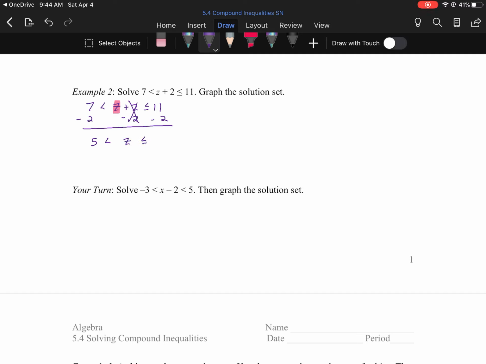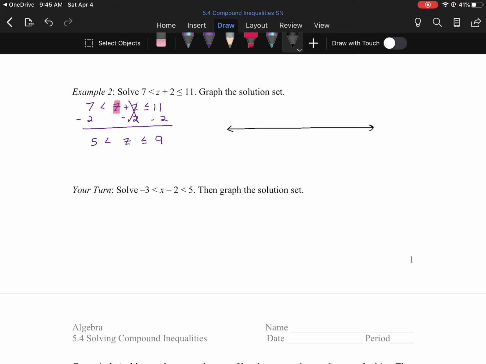So 7 minus 2 is 5, which is less than z, which is less than or equal to 11. So if we just look at that, we're good to go. This is actually, I'm sorry, I wrote 11, and 11 minus 2 is not 11. Here we go. So z is less than 9.